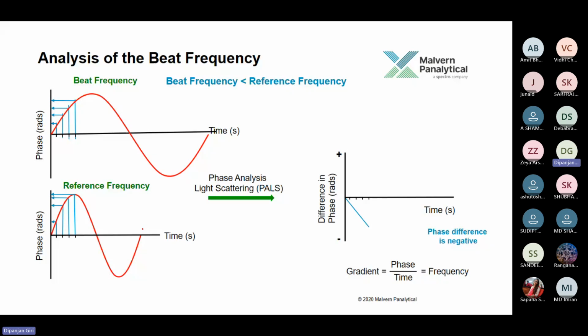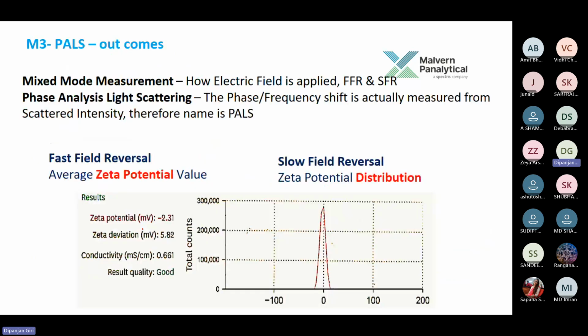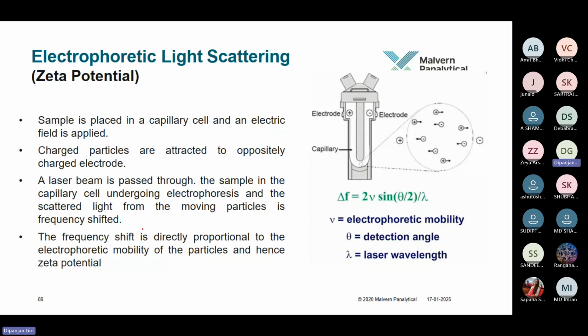Getting that frequency shift gives the information of the particle velocity, and you get the zeta potential when you feed that value into the Henry equation.